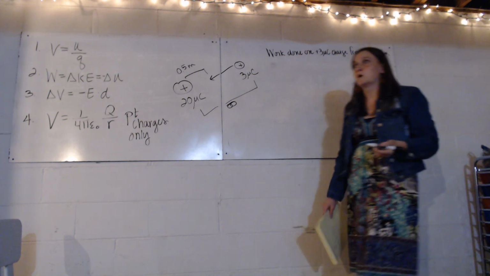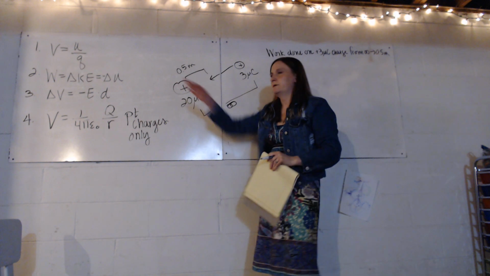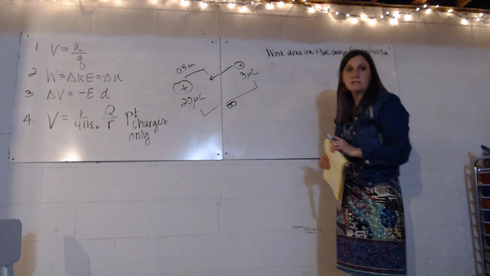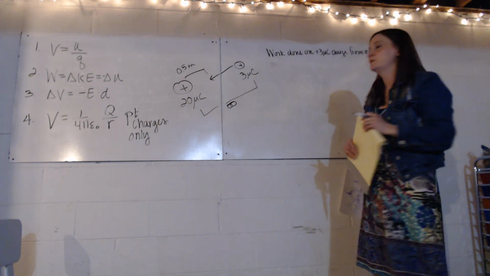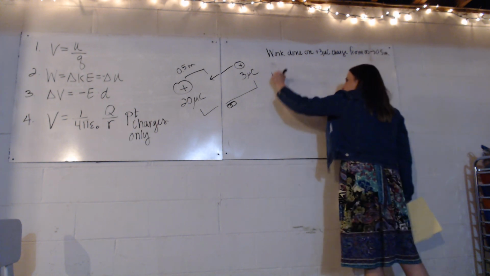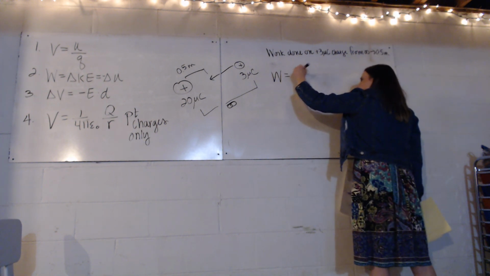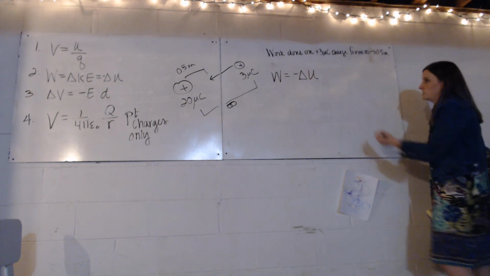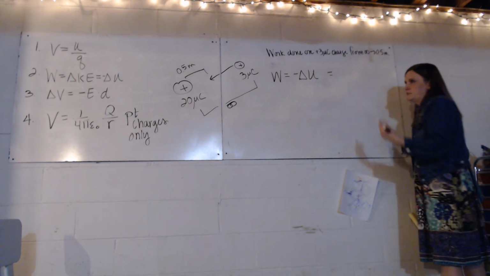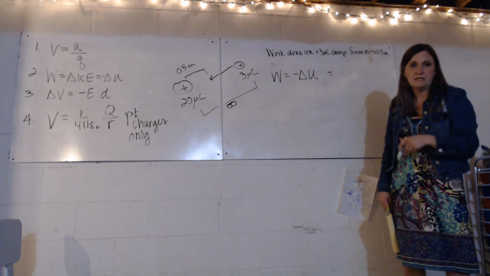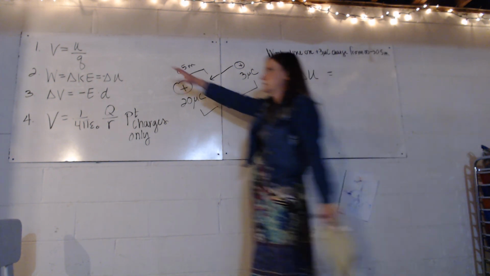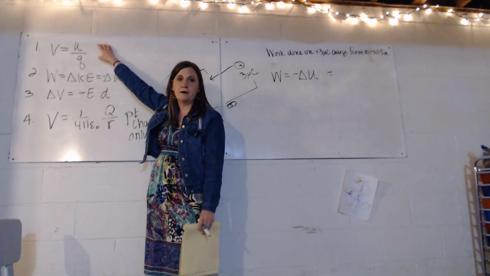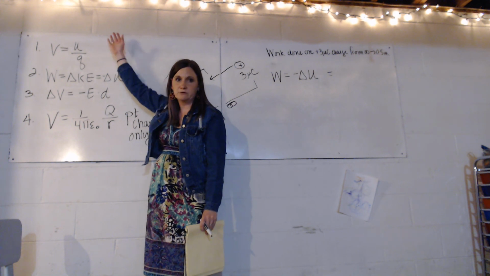Okay, so I'm going to find work done. What do I know about work? Work is equal to the change in kinetic energy or the negative change in potential. I'm going to go with negative change in potential. So it's equal to the negative change in potential energy, and potential energy is Q times V, based on the definition of what potential energy is.